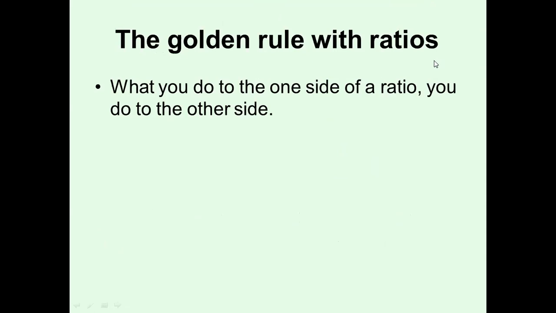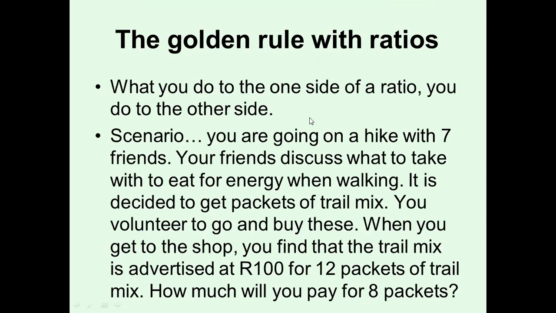And ratios are awesome because the golden rule with ratios is what you do to one side, you do to the other side. So let's pretend that lockdown is over and you're going on a hike with 7 of your friends. And your friends discuss what to take to eat for energy when walking.